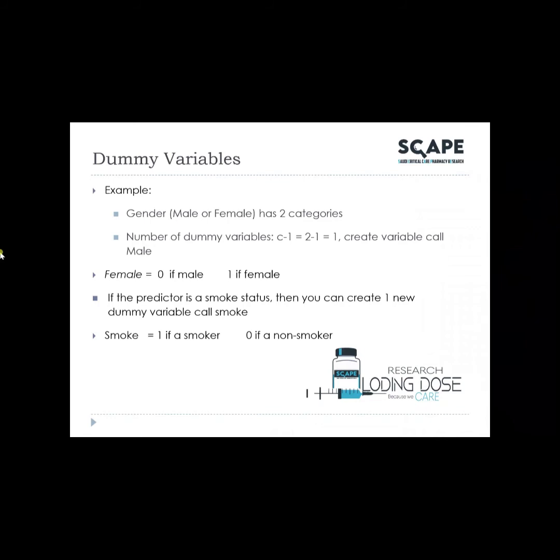So I will define each variable alone, and I don't have to put in all of the categories. I will add only the important one. Let's say, for example, I'm interested only in female, I can add only female. If I'm interested only in smoker, I can add only smoker, yes or no. I don't have to add non-smoker.